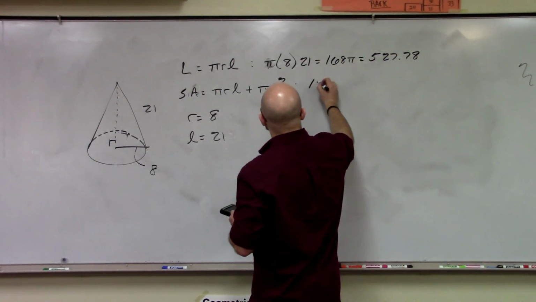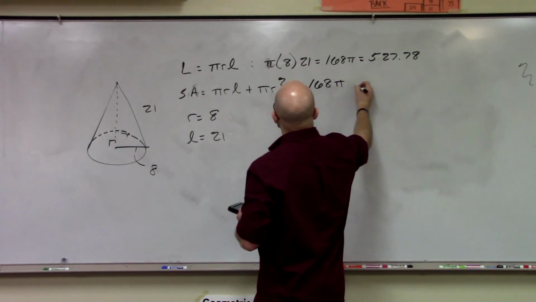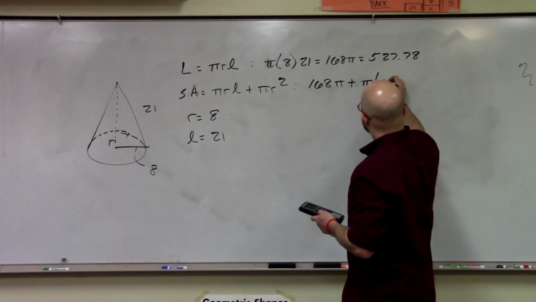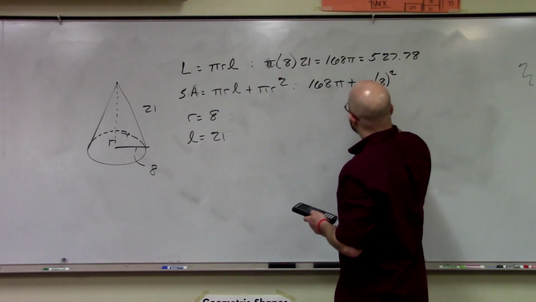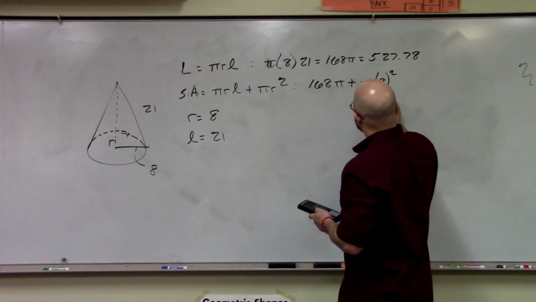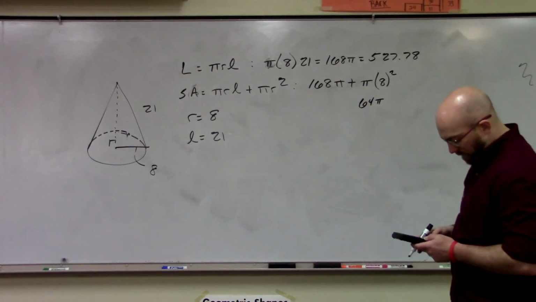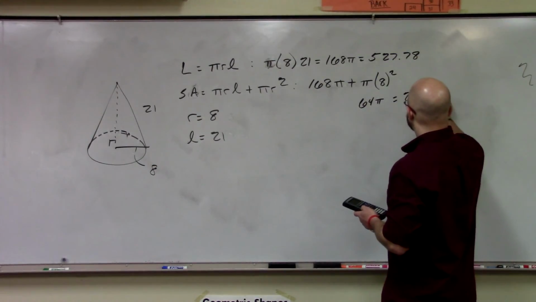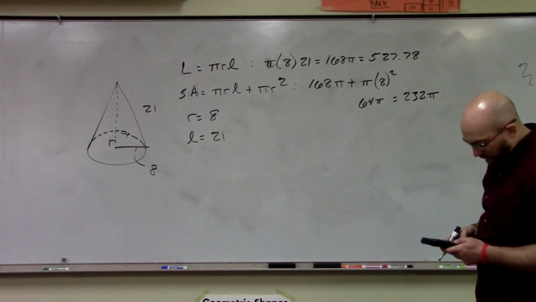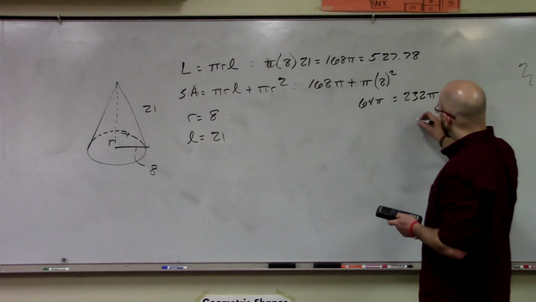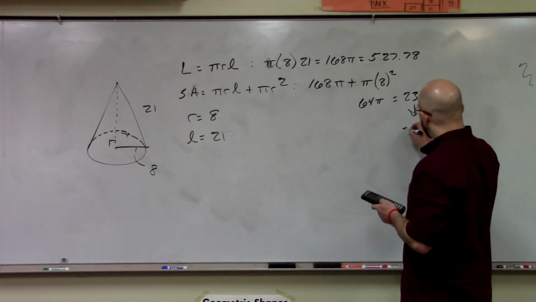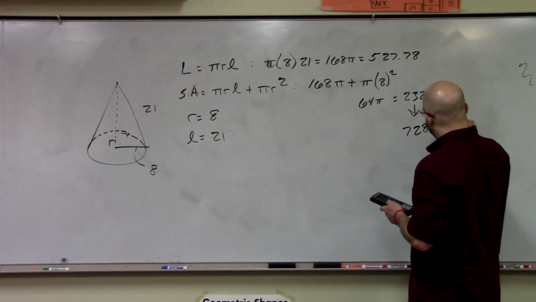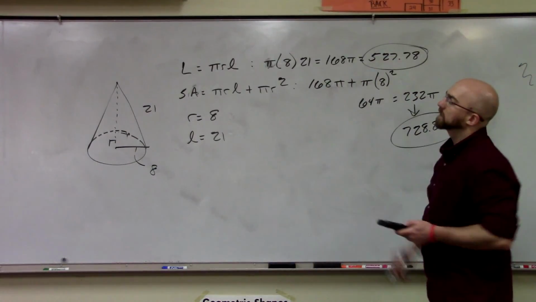We already know this is 168 pi plus pi 8 squared, which is 64 pi. This equals 232 pi, which equals 728.85. So there's your answers for our cylinder.